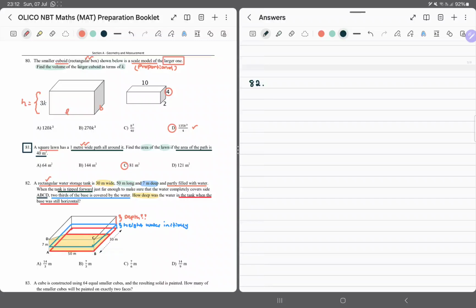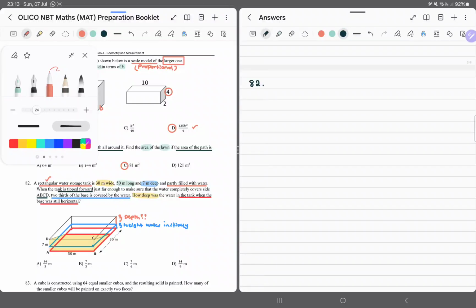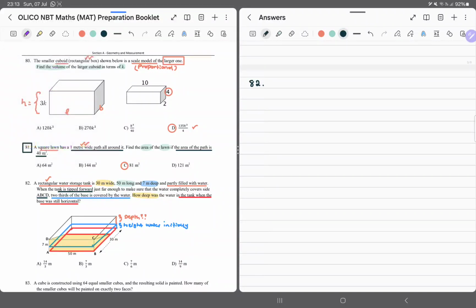I hope you guys can still see because it's easy not to see what's going on here. Maybe let me highlight. Let me choose a color to highlight my water level. So this is our water level here. I hope it's not too much.